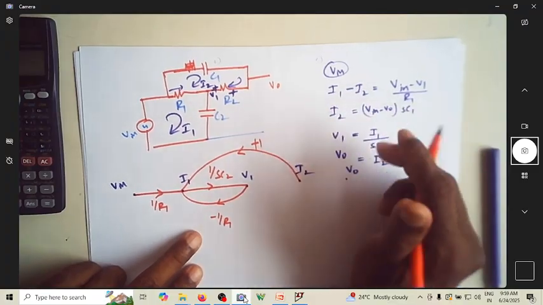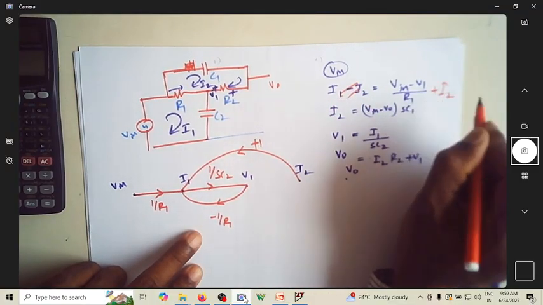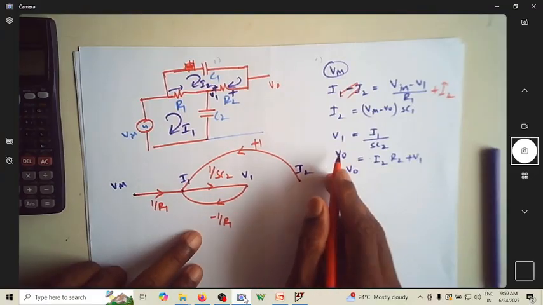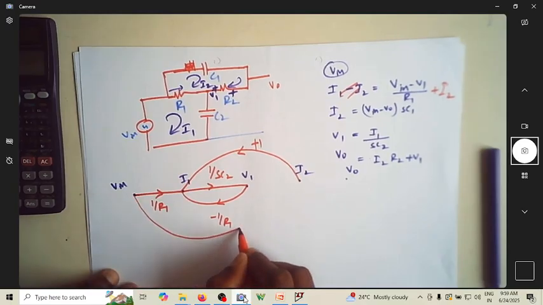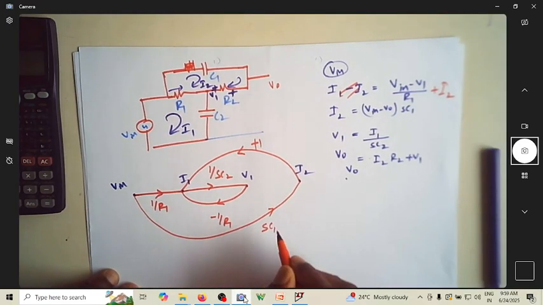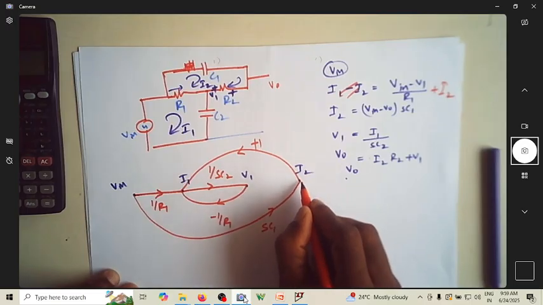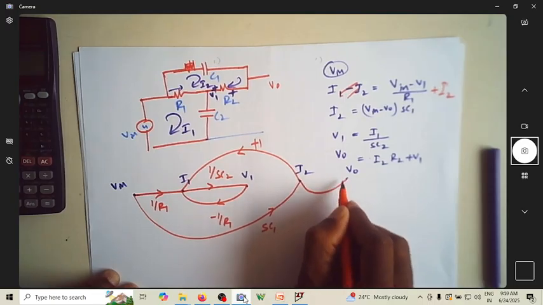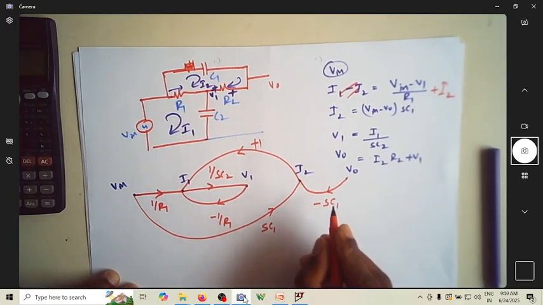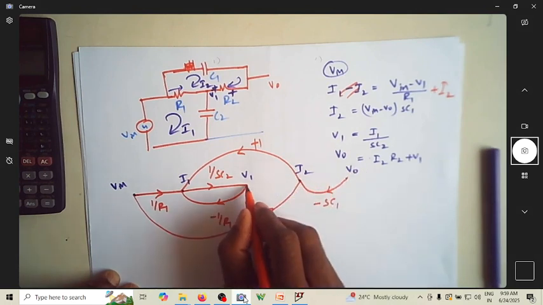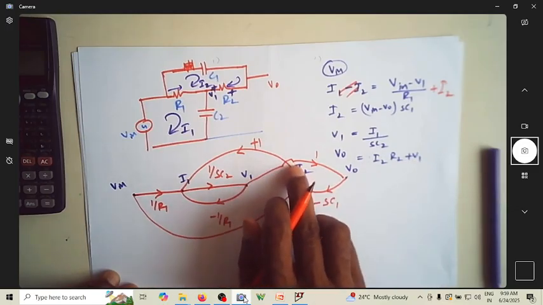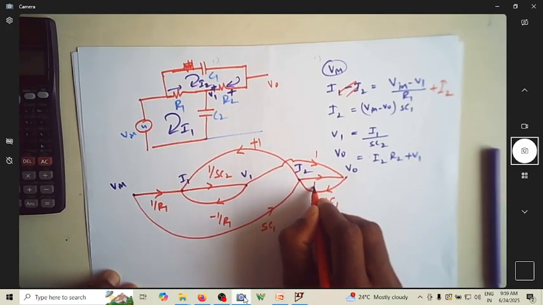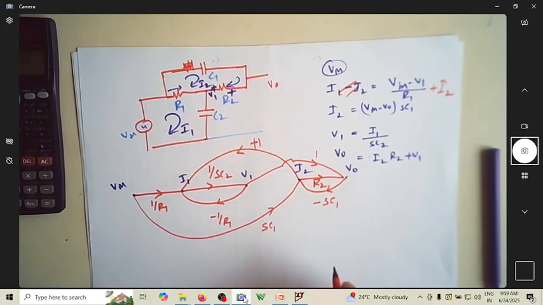When it goes onto this side, I can take it out and write it as I2. Then what is I2? I2 is V in into SC1, this is minus SC1. And what is V0? V0 is this, V1 and so on.